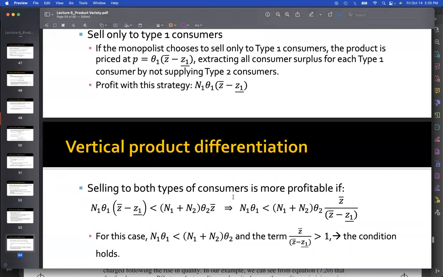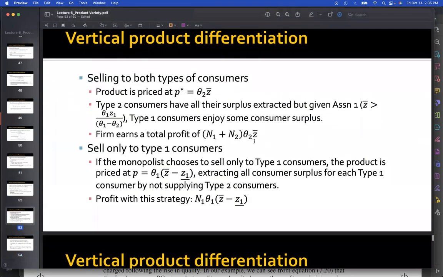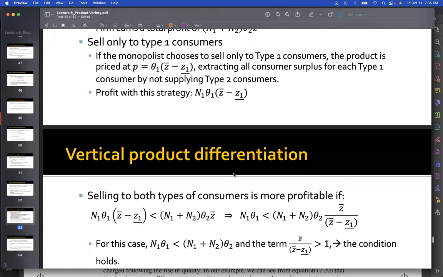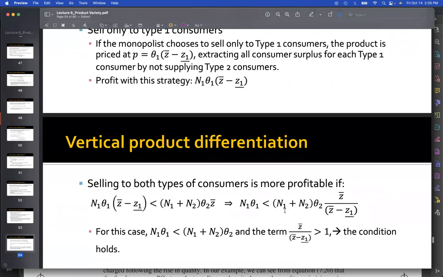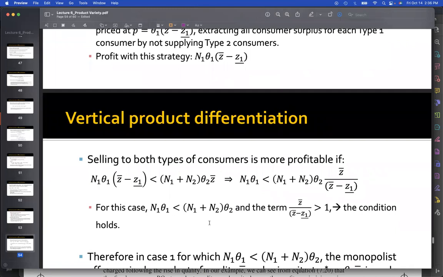Now, selling to both types of consumers, which happens to be this one, is more profitable if this expression here is bigger than this expression here. And that depends on this. For this case, if this is true, and the term Z over bar minus Z1 under bar is greater than 1, then the condition holds.